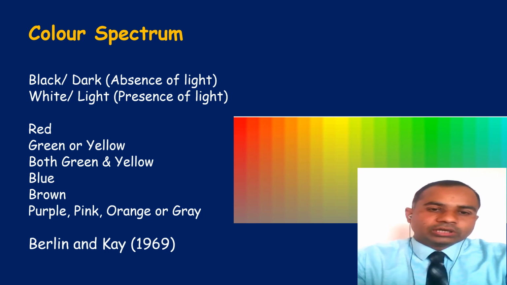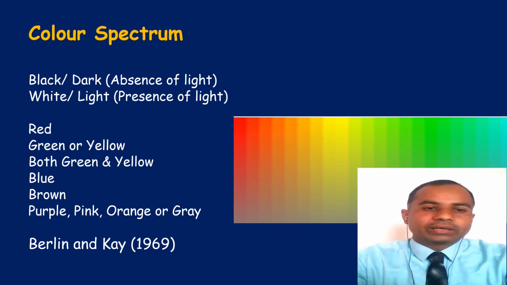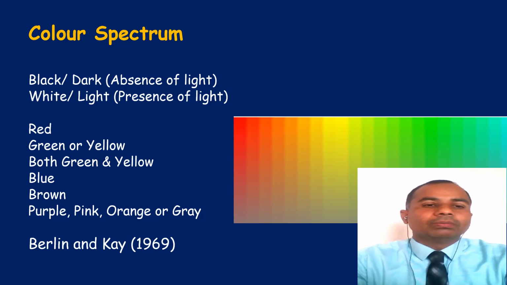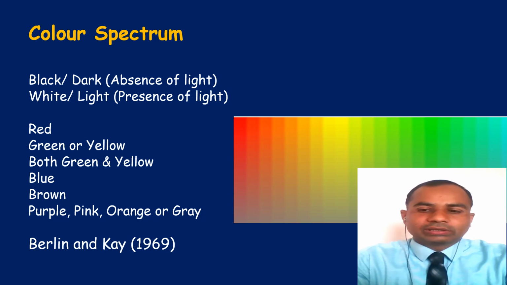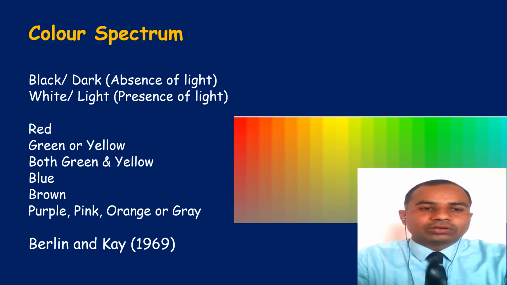So they studied and came up with the conclusion that there are two basic colors, black and white. In every community of the world, they know black and white. Black is darkness, that is absence of light, and white is presence of light. In some communities they have only a three color system. So it's fixed that they know black and white, and moreover they also know red.